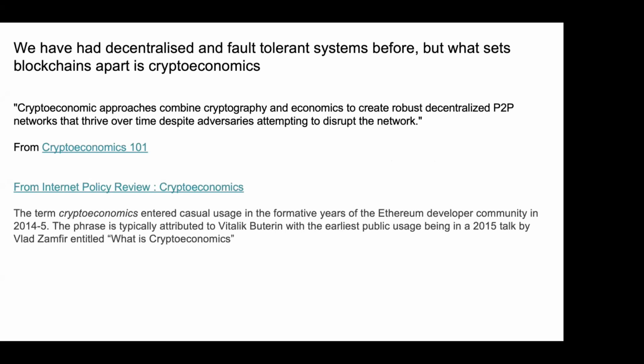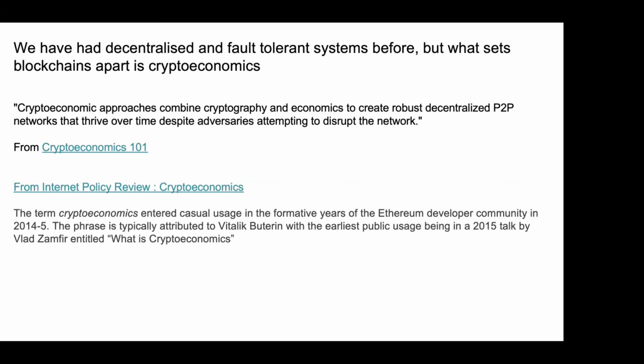We'll just quickly talk through something about cryptoeconomics, because this is quite a new field that came about because of blockchains, and I guess really was probably invented by Vitalik, or Vlad Zamfir.